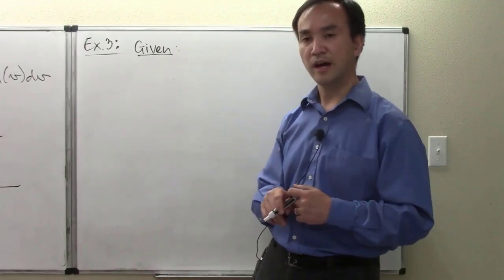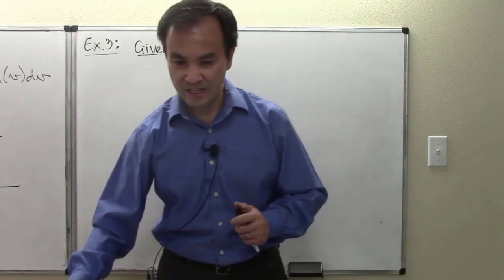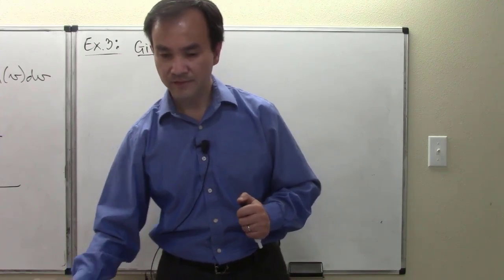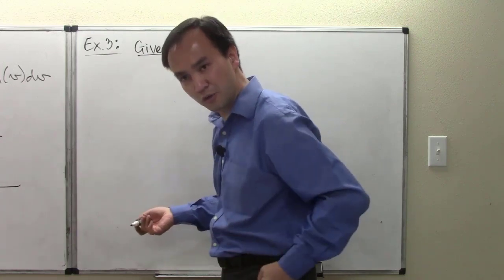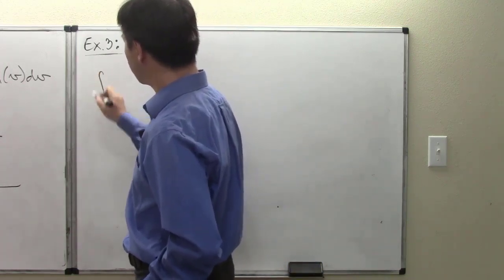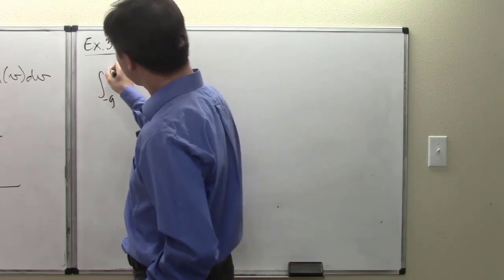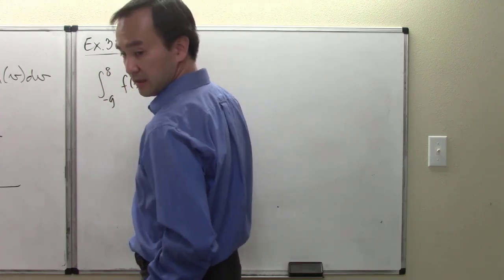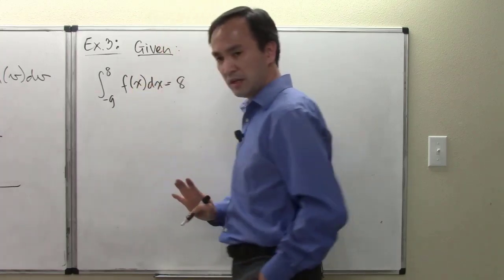All right, so now in the third example I would like to give, let's look at the following. Again we are given a couple of known definite integrals. We have a definite integral from -9 to 8 of f of x dx equals 8. This is a known definite integral.